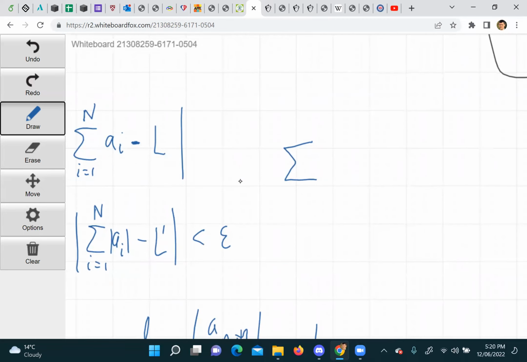So when a series is convergent, you know that the terms actually have to go to 0.